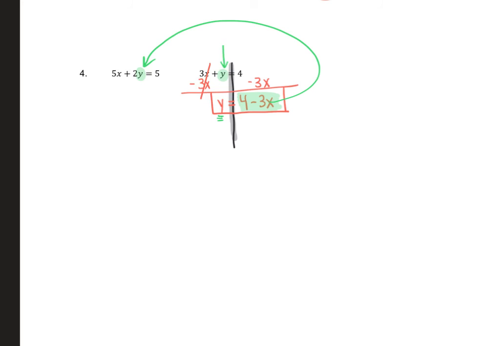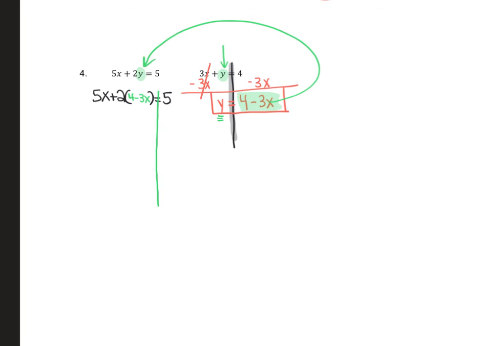So we're going to rewrite this first equation as a template with a big old set of parentheses with the y taken out, waiting to accept what y is equal to. And when we plug it in, it's going to be 4 minus 3x. And now all our y's are gone. Now it's a whole bunch of x's.